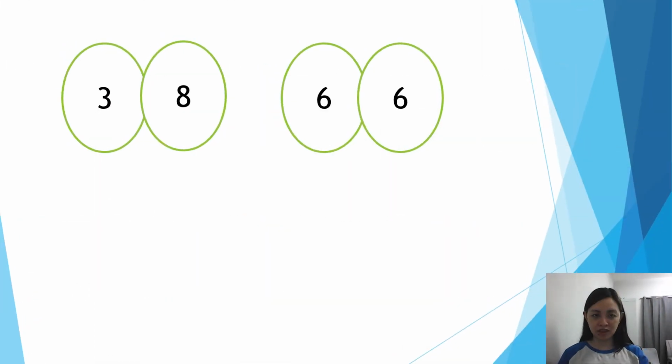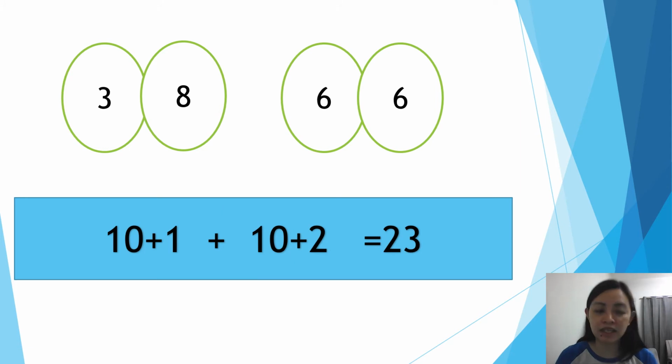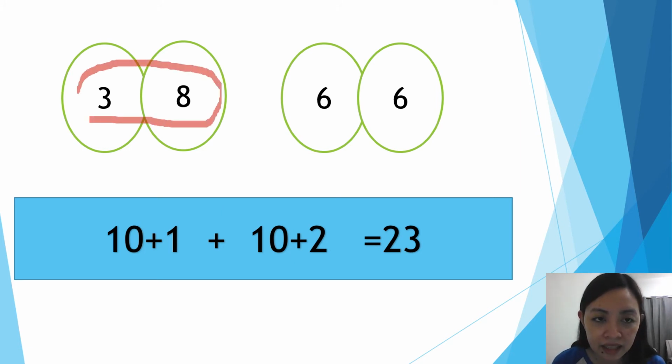How about this one? Okay, let's see. Okay, so let's add 3 and 8. So 3 plus 8 or 8 plus 3, as we know, even if we change the place of the number, the answer is still the same.